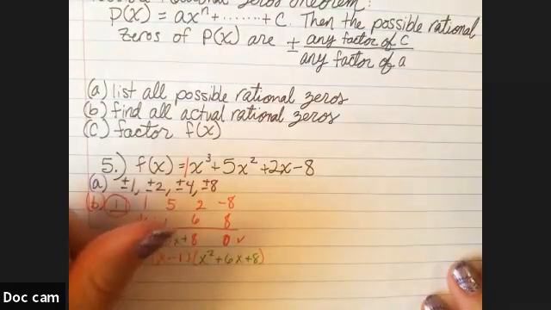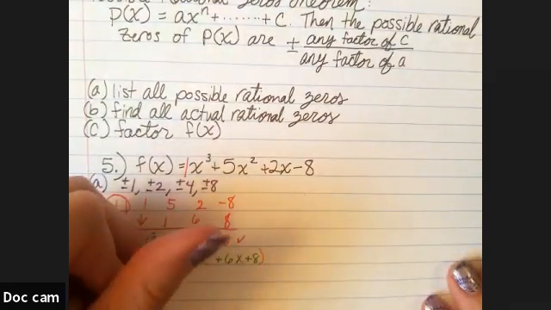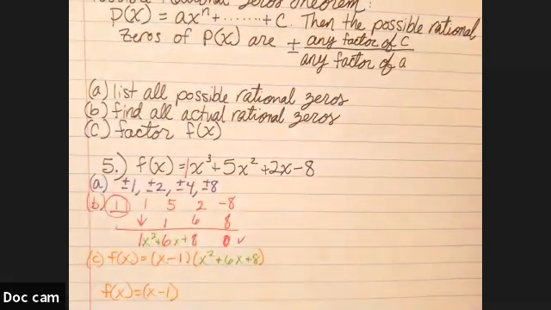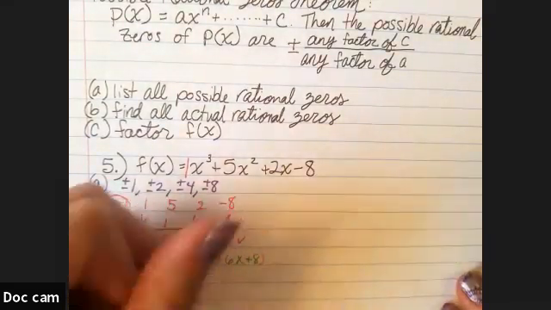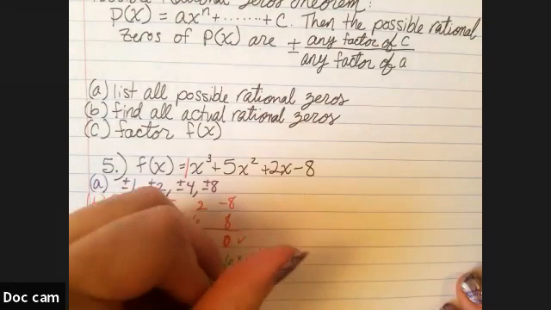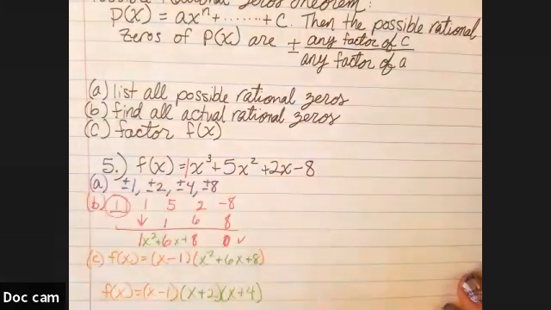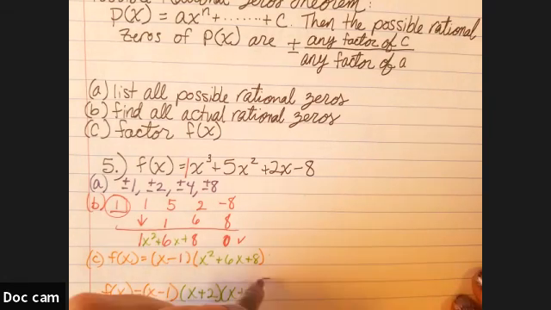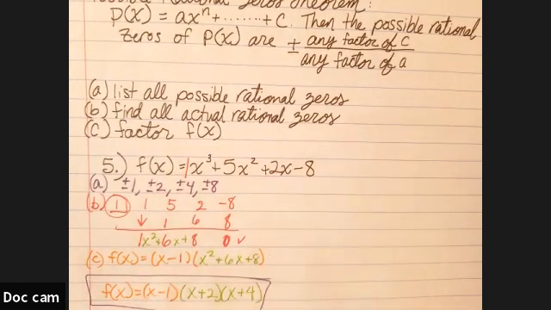So f of x, bring down the x minus 1. And then that's just going to be x plus 2 times x plus 4, because 2 times 4 is 8, and 2 plus 4 is 6. All right, so now we're done with the factoring part. That is the fully factored form of the function.